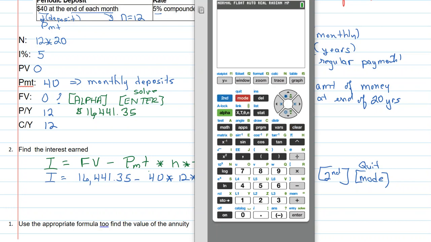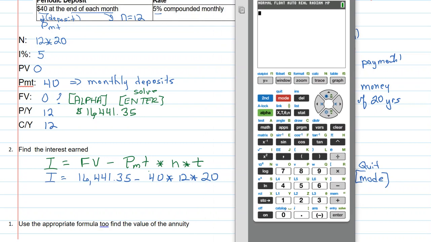And we're going to enter what we wrote right there. 16,441 decimal 35. Oops, sorry about that. My fault. Minus the 40 times the 12 times 20.